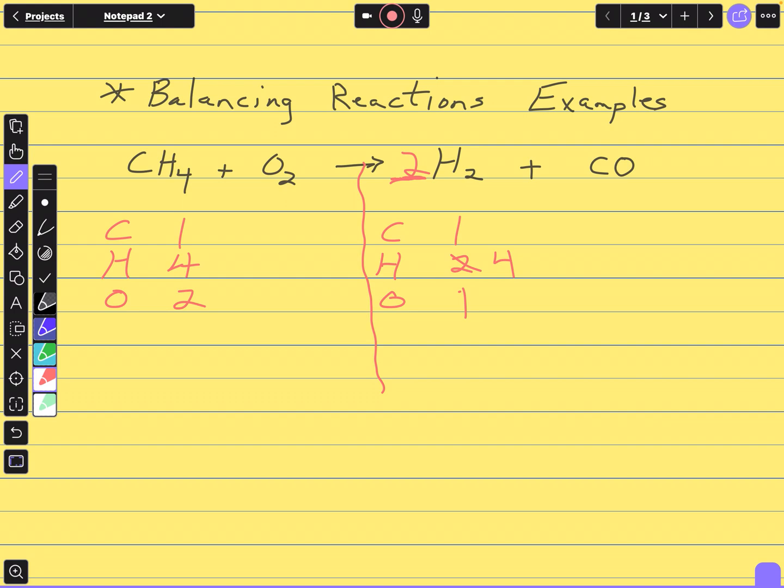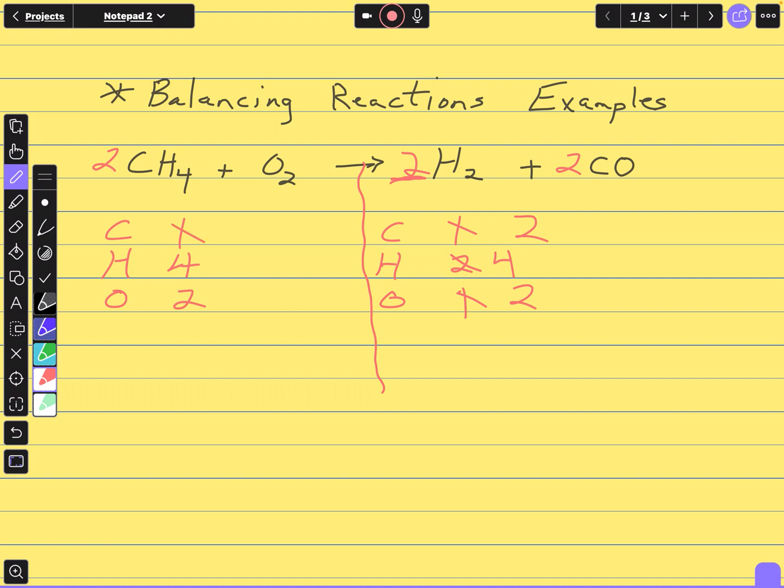So I want to go back. My oxygens, I got 2 on the left. I need 2 on the right. So I'll put a 2 right here. That makes me have 2 oxygens, but it changes my carbons to 2 also. So you go back to the other side and put a 2 in front of here.